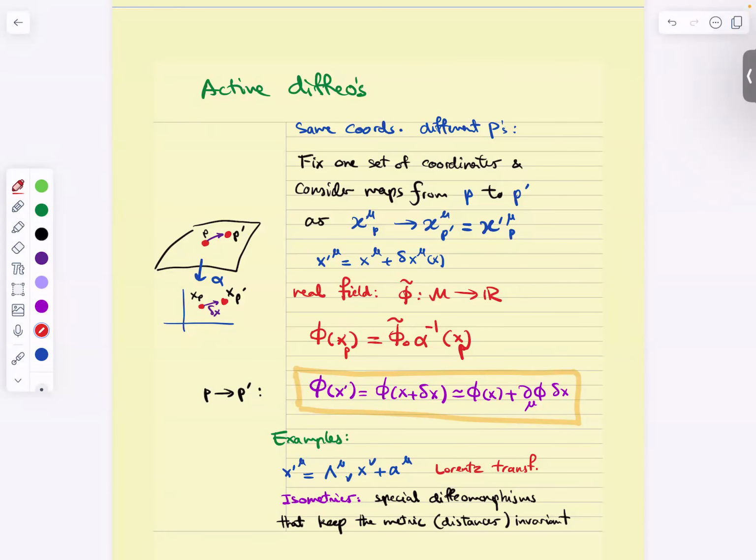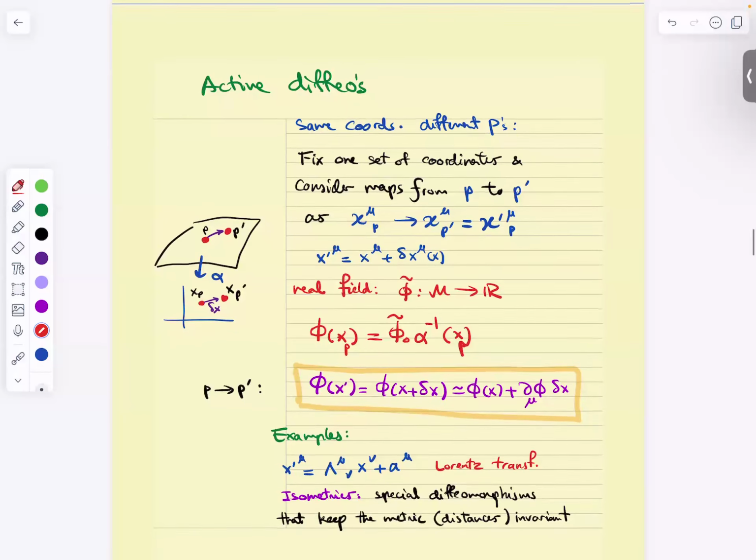Here's phi of x prime, written as phi of x plus delta x, which is phi of x plus delta x mu del mu of phi. So already you see that del mu of phi depends on my coordinate system, as it should. Vectors should depend on my coordinate system. If I rotate, the components of the vector change. But I haven't done anything. Good?